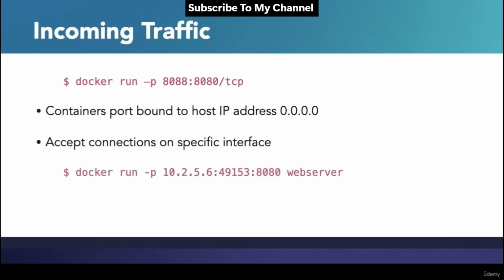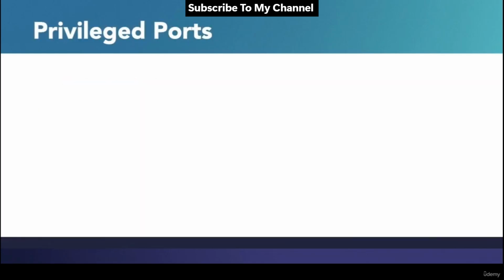For example, if you run the same command as follows, you'll be mapping container port 8080 to a specific interface represented by IP address 10.2.5.6 and by port 49153.